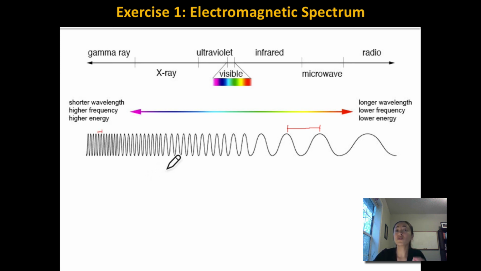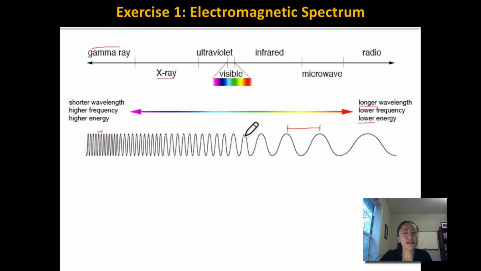One important thing to know about this wavelength is that the wavelength of these different types of energy determines the amount of energy that they have. All right, so things that have a very long wavelength have lower energy. So things like radio waves or microwaves have very little energy, whereas things like gamma rays and X-rays, these have a lot of energy.